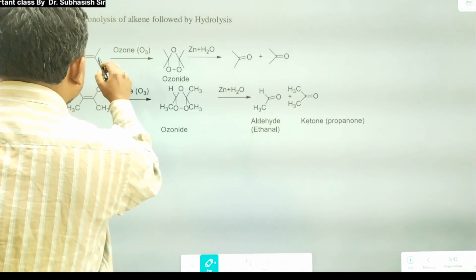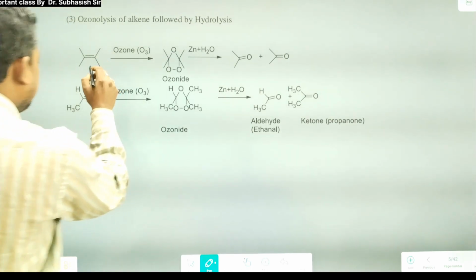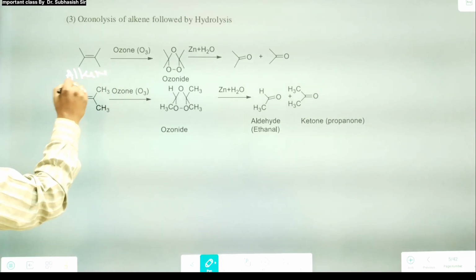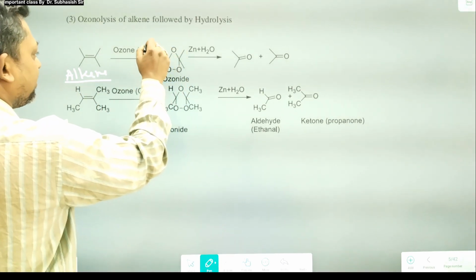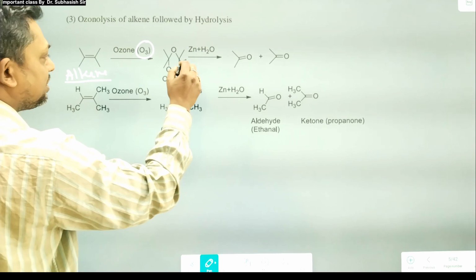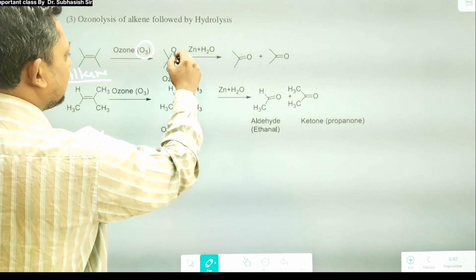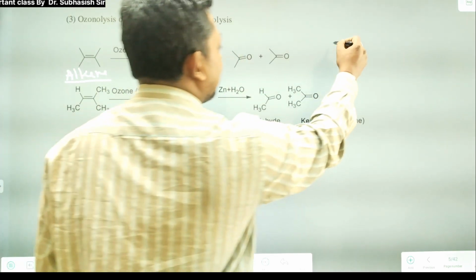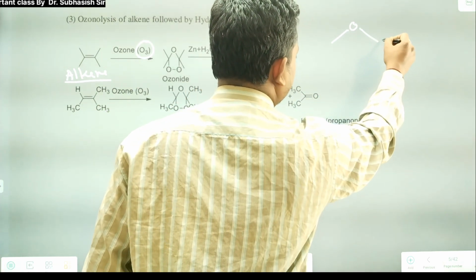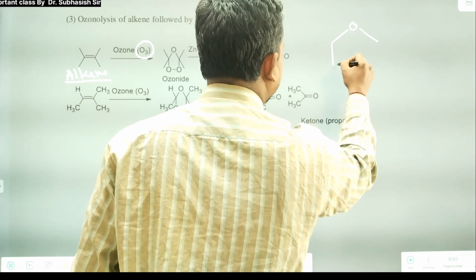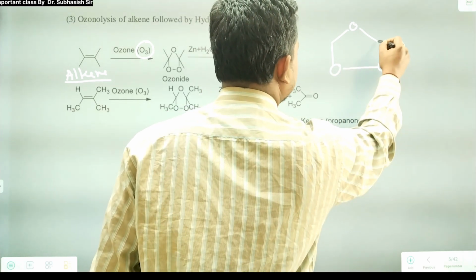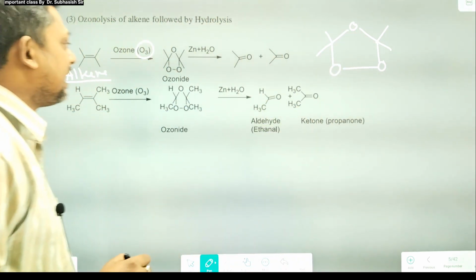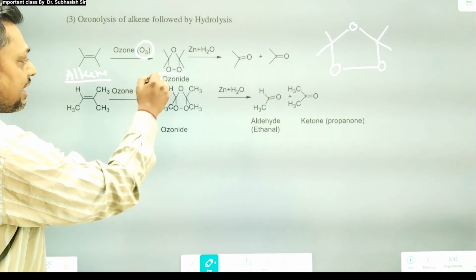Here this is called an alkene. Now alkene on reaction with ozone, which is an oxidizing agent, can form a house-like structure. You can see it is looking like a house. This house is called an ozonide.